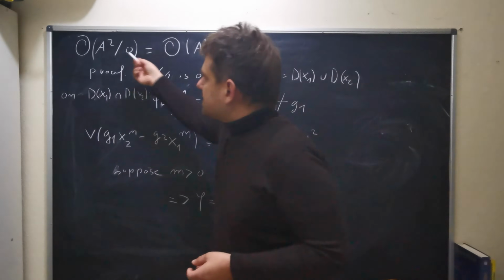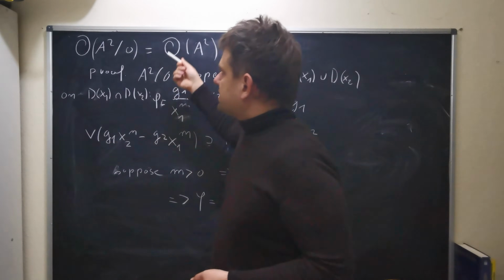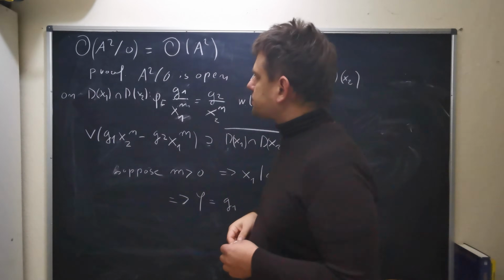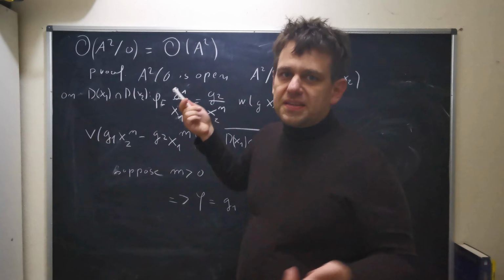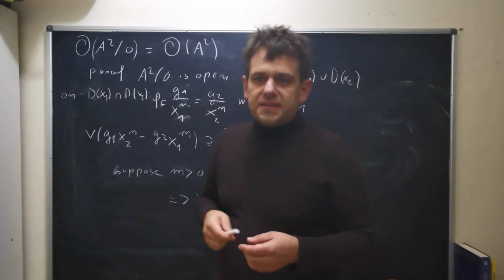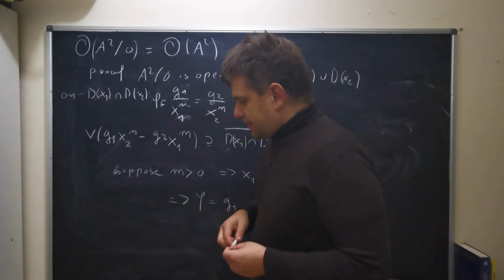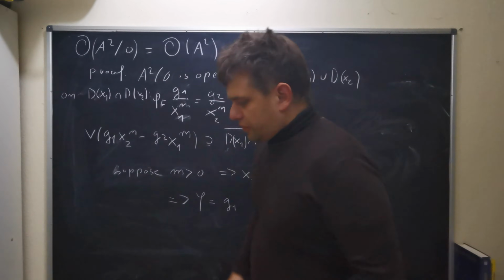Or in other words, we can extend the regular functions in a regular way to all of A2, and thus the similarity with the result in complex analysis. And well, I've already sketched the proof here.